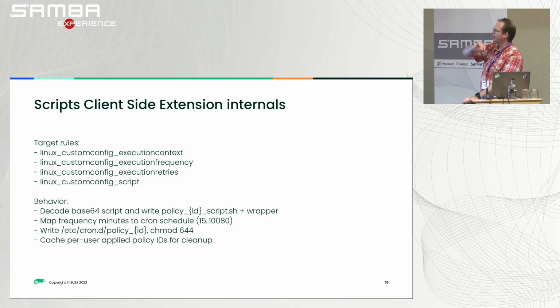In it we have an execution context, which is either as the user or as root, a frequency of execution, and execution retries, so how many times we should try until we give up, and then the actual script. This particular policy is interesting because Microsoft's response, what they get back, doesn't actually say what happened with that script. They just get back a yes, it succeeded, or no, it failed.